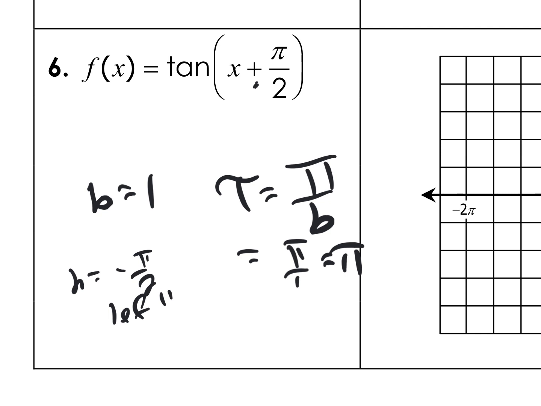Those asymptotes have to move to the right 2 spaces as well. So here's what's happening. Everywhere that I would have normally had an asymptote, I'll have a point. Everywhere that I have a point will become an asymptote.